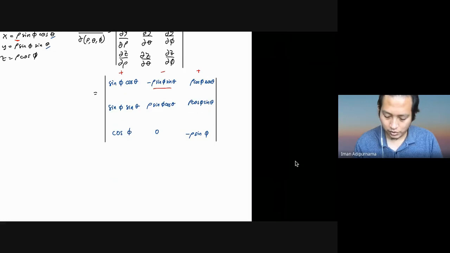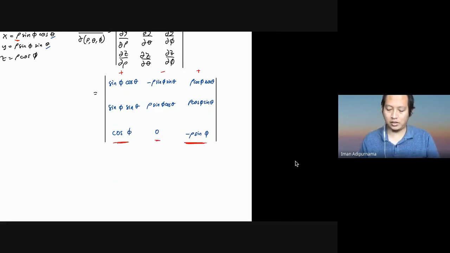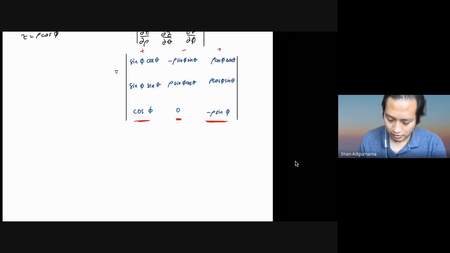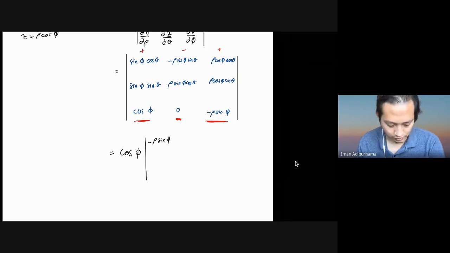But what I want to do is pick the row below, because it has 0, so it will be easy to calculate. So we will calculate the determinant will be cos psi, and then determinant of negative rho sine psi sine theta.